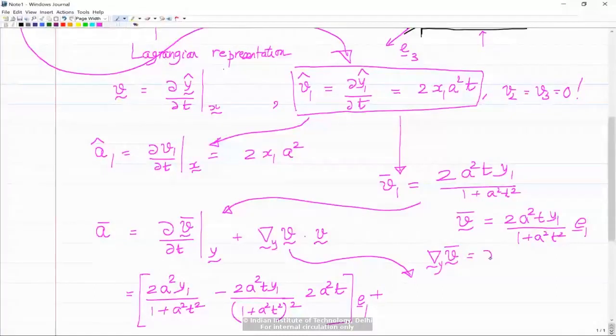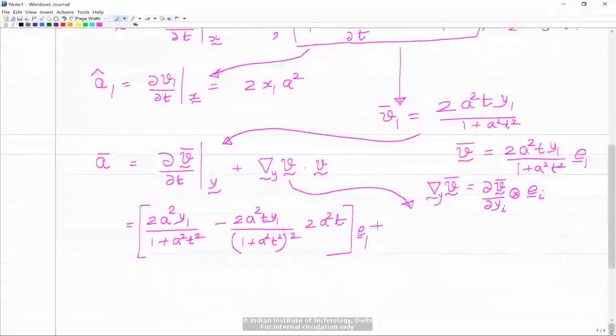It is del v bar over del yi tensor product ei, isn't it? So now V bar has just one component.